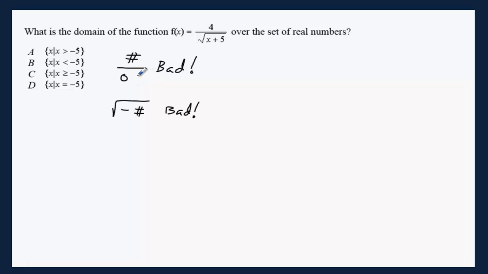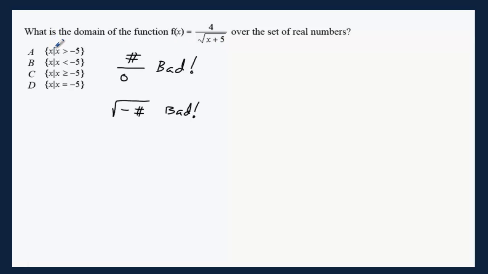You don't want a number over 0, and you don't want the square root of a negative number. Anything else would work. So what are all the numbers you can substitute for x such that you don't get a negative number under the square root and you don't get 4 over 0?